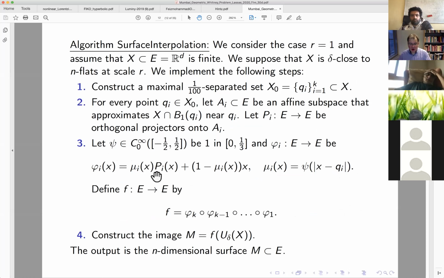That is a convex combination of the orthogonal projector to the affine space and the identity map. The weight in this convex combination is a smooth bump function, that is this cutoff function psi evaluated at the distance from x to this point Qi, that we consider as origin.